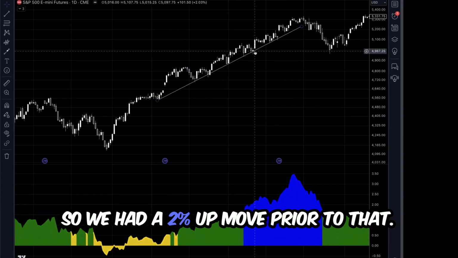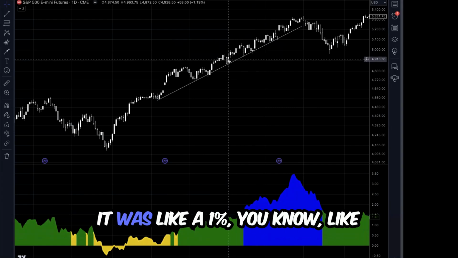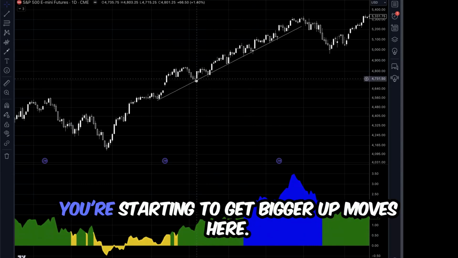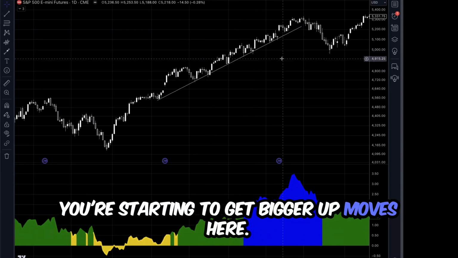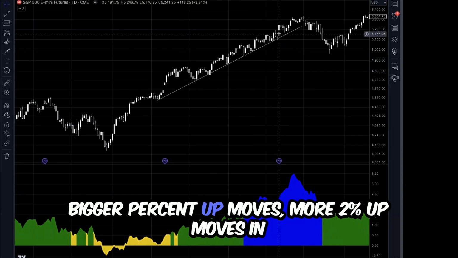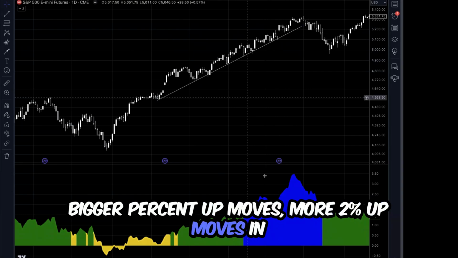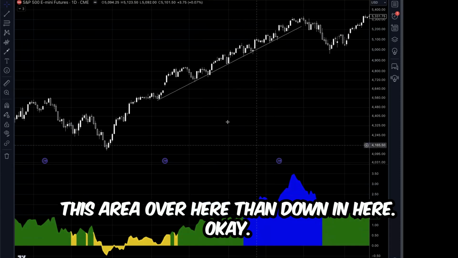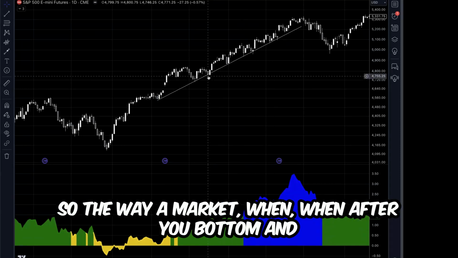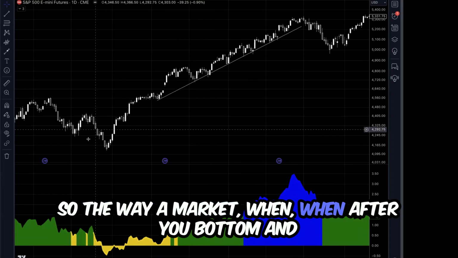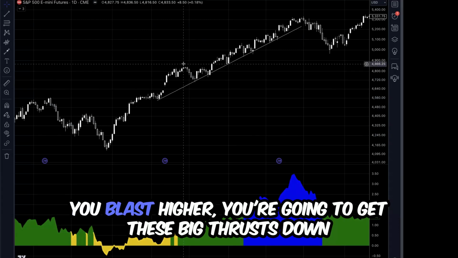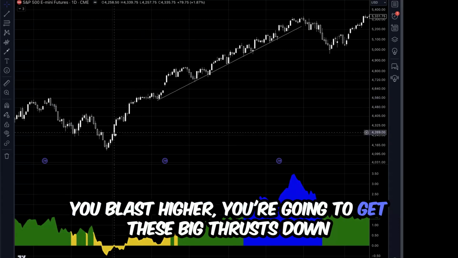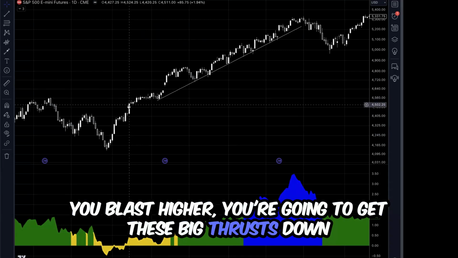So we had a 2% up move. Prior to that, it was like a 1%. You're starting to get bigger percent up moves, more 2% up moves in this area over here than down in here. When you bottom and you blast higher, you're going to get these big thrusts down in here.